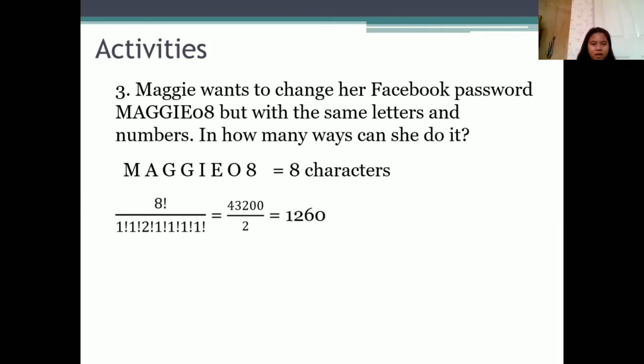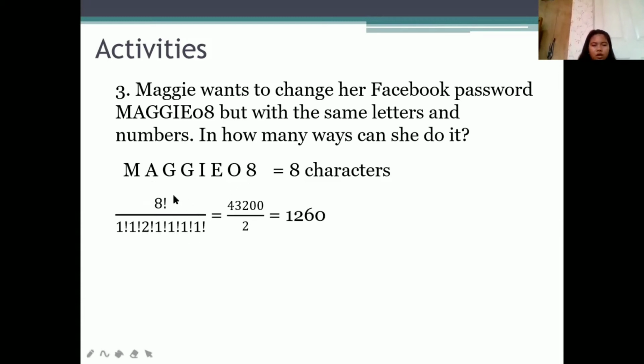So our n is 8, and we have 1 M, that's 1 factorial, 1 A, times 1 factorial, 2 G, 2 factorial, times 1 I, 1 factorial, times E, 1 factorial, times 0, 1 factorial, and times 8, 1 factorial.